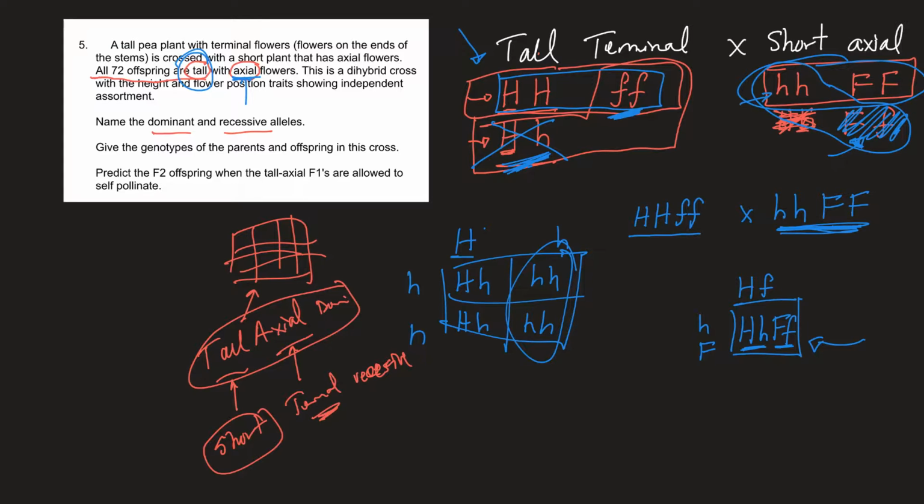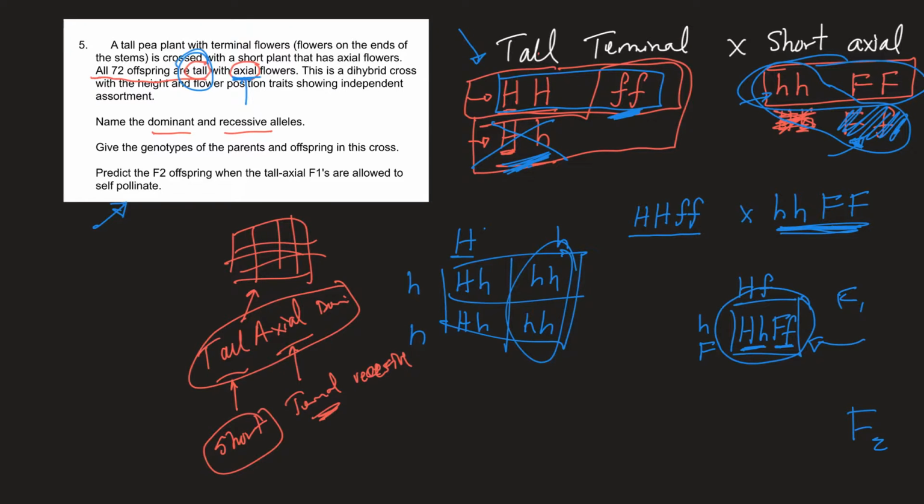So now they say, predict the F2 offspring, what's going to happen. So this is F1, or generation 1. F2 would be to take this and cross it with another identical plant.